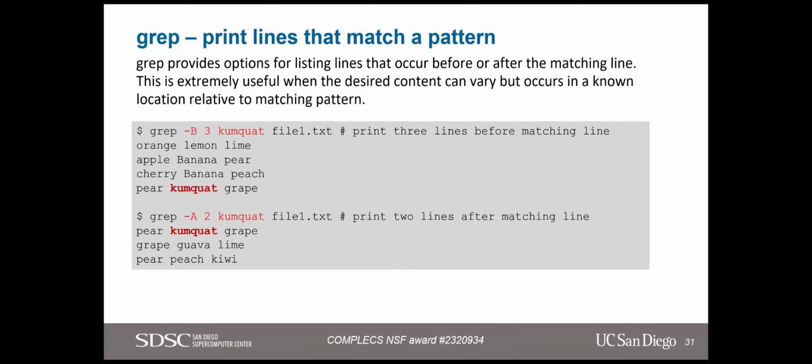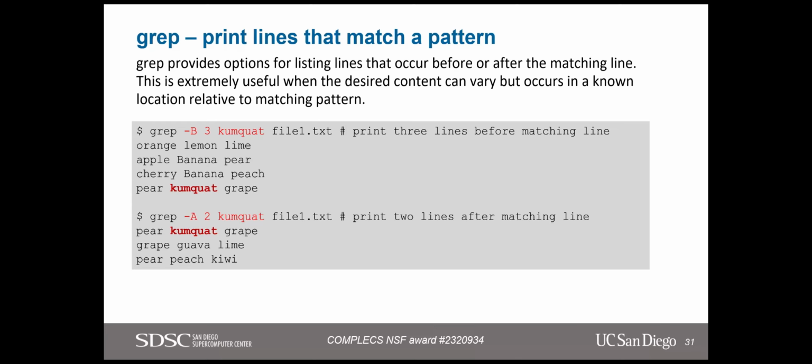A very nice feature of grep is that it allows you to not only print out the line that you searched for, but also the lines before and after. This is really useful in a couple of scenarios. First, in log files, if you're looking at errors, usually the error is important, but what happened beforehand might be more important. Also in time series data, there will be an incident and you want to know what happened directly before and directly after that incident.